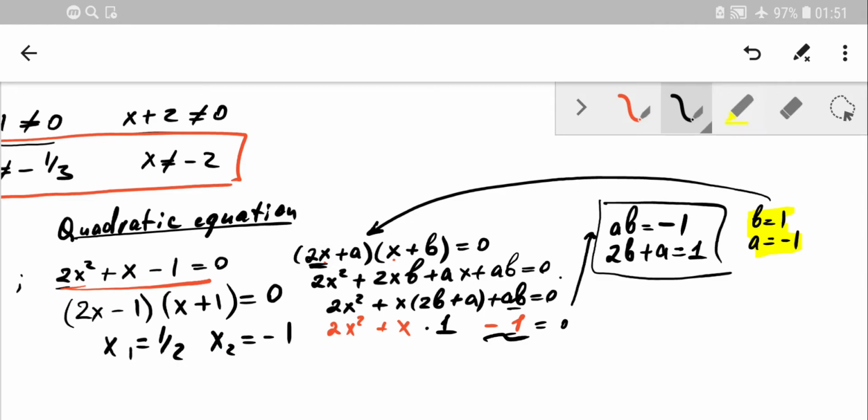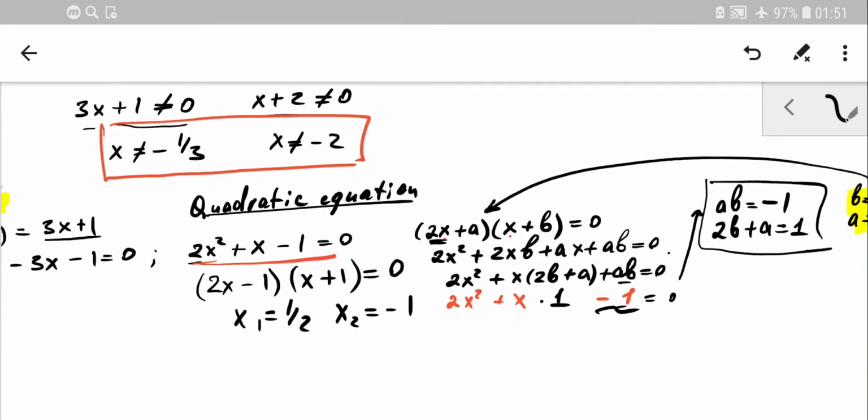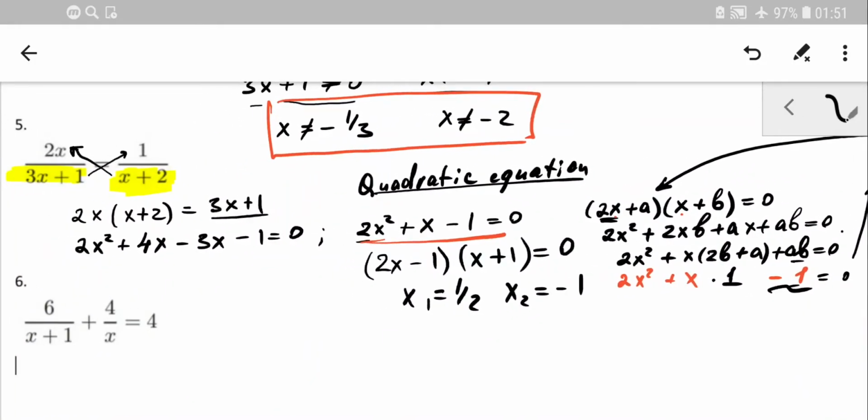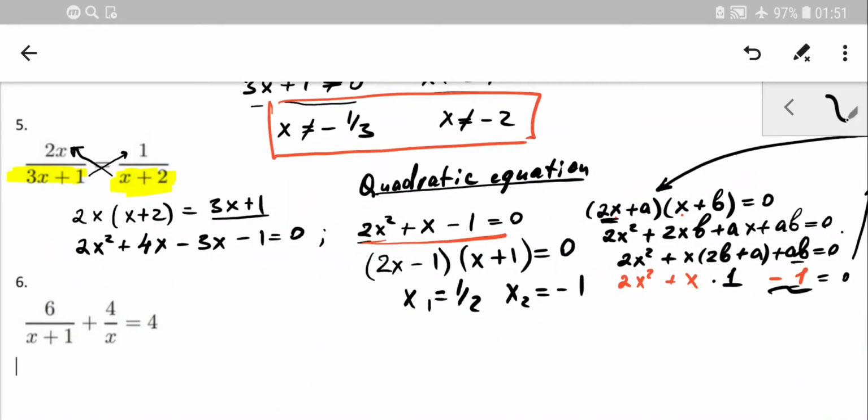So maybe you'll see that this way is pretty long. However, you need to be able to do that. And if you want to be on a fast track, use the quadratic formula, which is definitely faster. I just demonstrated this so that you are able to do factorization.